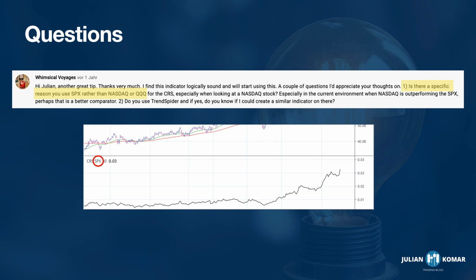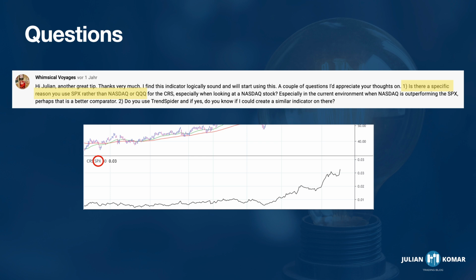Is there a specific reason you use the S&P 500 rather than the Nasdaq or QQQ, which is a Nasdaq ETF? Yes, I use the S&P 500. There are two reasons that I compare my stocks to the S&P 500. The first one is that William O'Neill did a lot of research and he always used the S&P 500. If you want to base your work and your trading system on the work of others, you should make sure that you use the original settings.